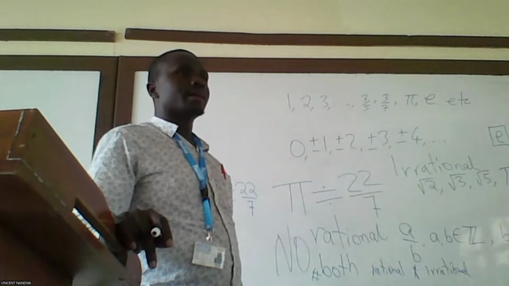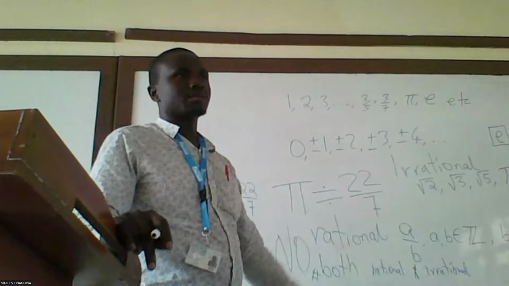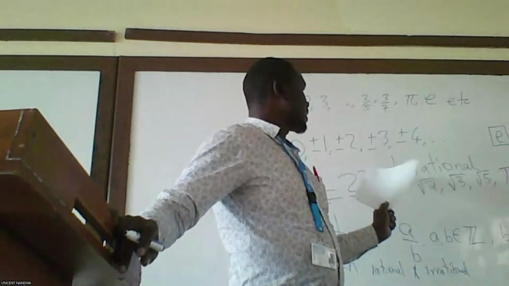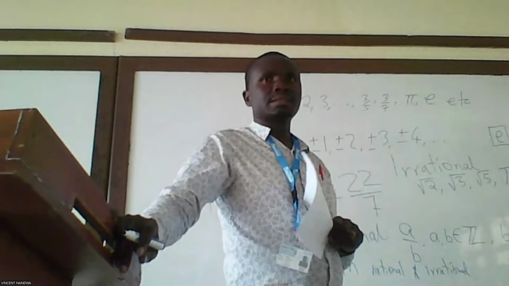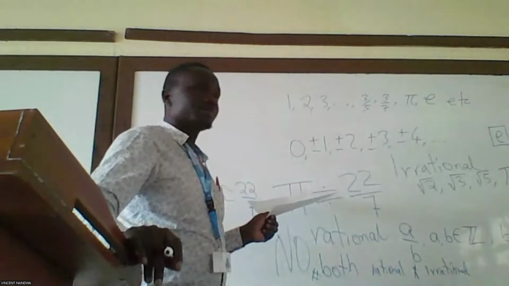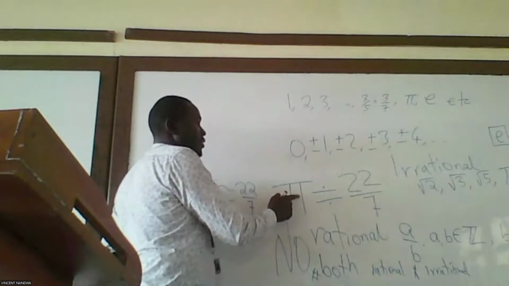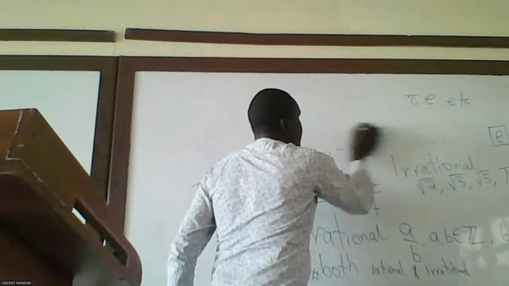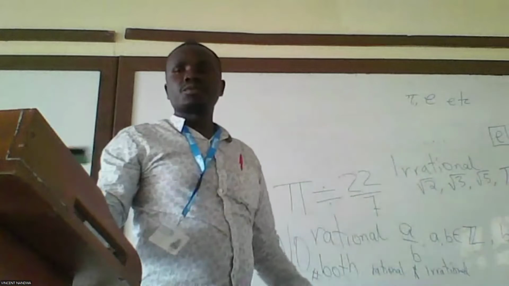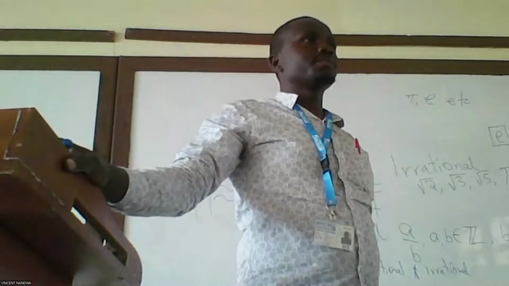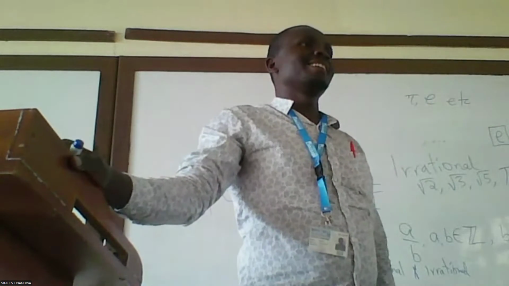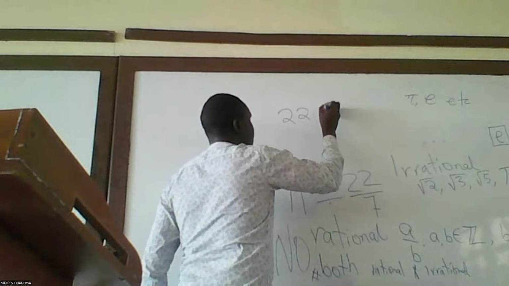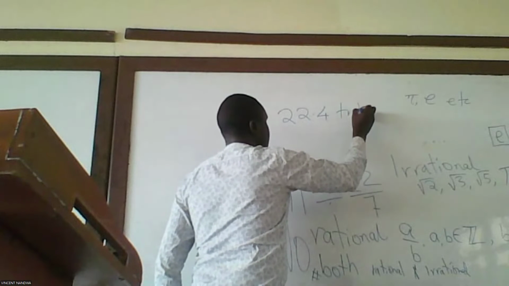But then for those who are reading things on Google, how many digits does pi have so far? Actually, they're over 22 trillion. So far, they are over 22.4 trillion digits.